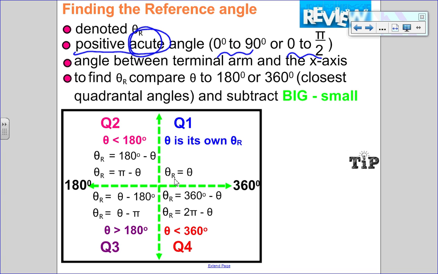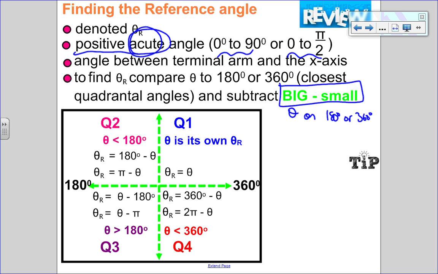So to review what we did last year in 20-1, in quadrant 1, theta is its own reference angle. In quadrant 2, I haven't reached 180 yet, so I'm going to do 180 minus my angle, or pi minus my angle in radians. Remember, you always do big minus small. Is the big angle the angle, or is the big angle 180 or 360 for the x-axis?